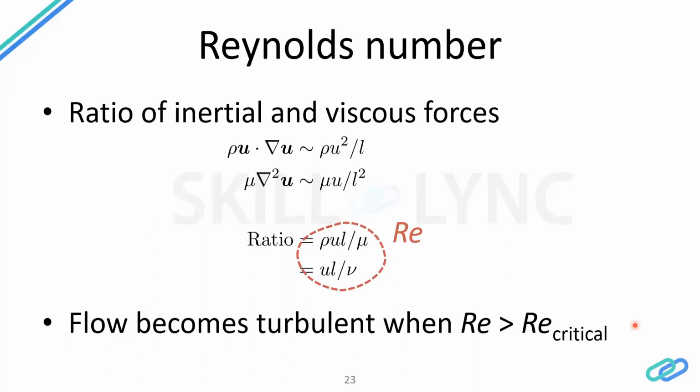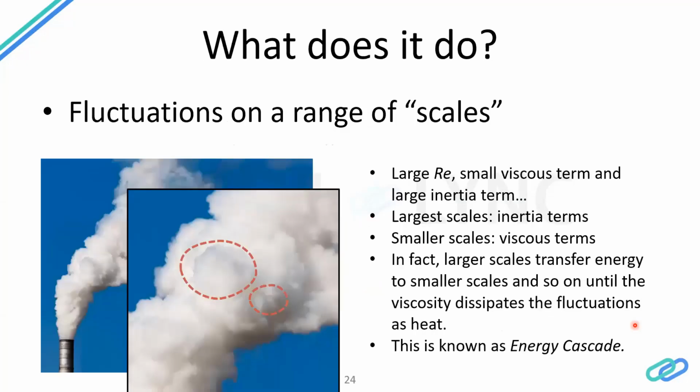Okay, so in the beginning I was talking about scales, and then I came to this Reynolds number. So let's now connect them a little bit more. I said that if the Reynolds number is large, it means that the inertia term is large and the viscous term is relatively smaller. But it's not the case for all the scales of motion. For the bigger scales that you see here, indeed the inertia term is high.